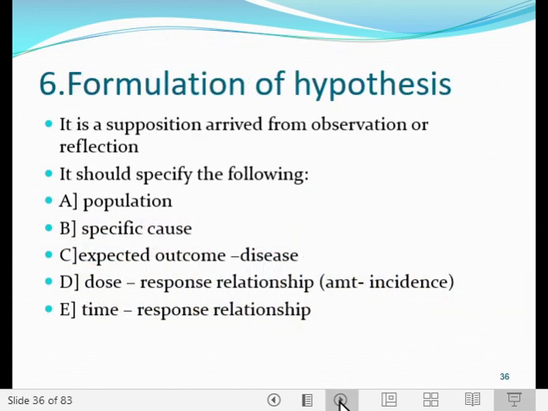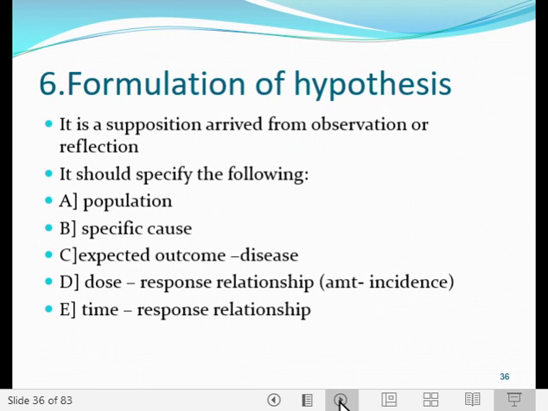Formulation of hypothesis. What do you mean by the word hypothesis? It is a supposition arrived from observation or reflection. It should specify the following, that is population, specific cause, expected outcome or disease, dose response relationship and time response relationship. An example is, if you say smoking can cause lung cancer, then that is not a complete hypothesis.